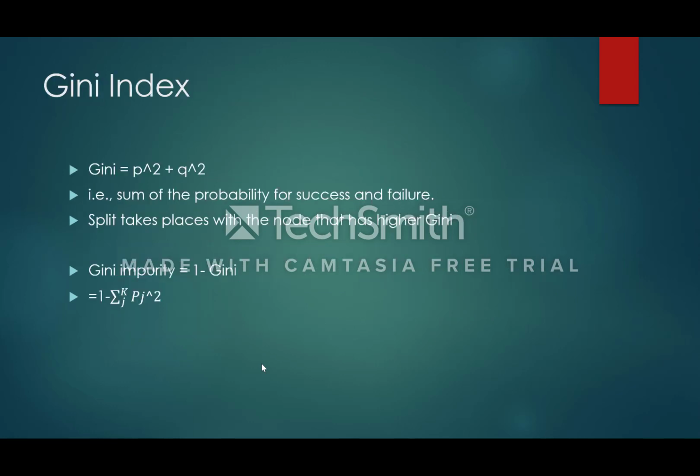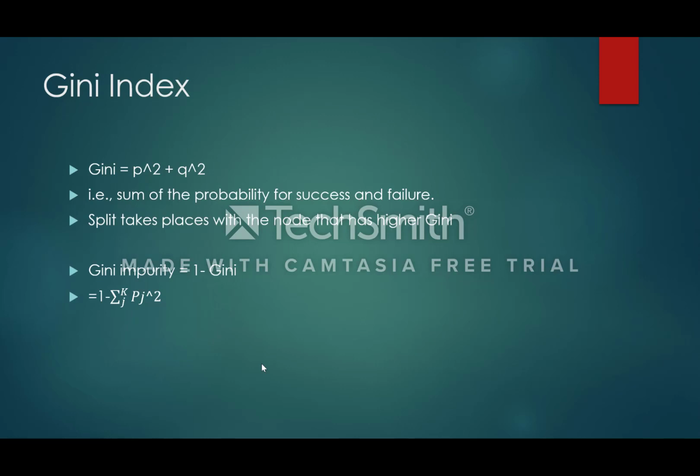There is another option called the Gini index. Gini is equal to p squared plus q squared, where p and q are the probabilities of success and failure. The split is chosen where the node has the higher Gini. Sometimes we also see Gini impurity when we talk about decision trees.